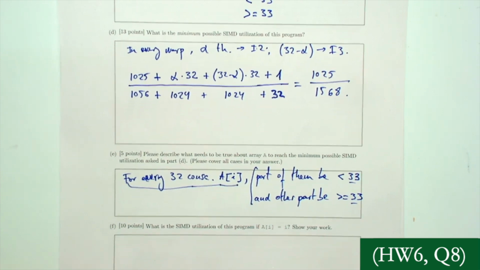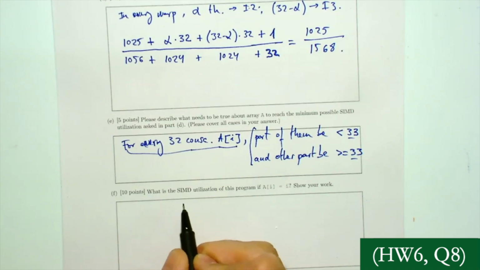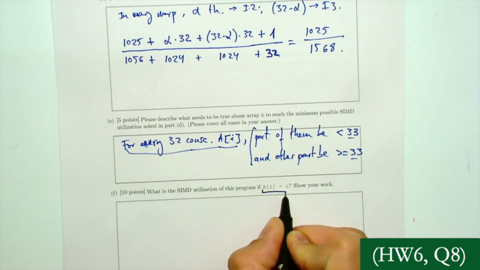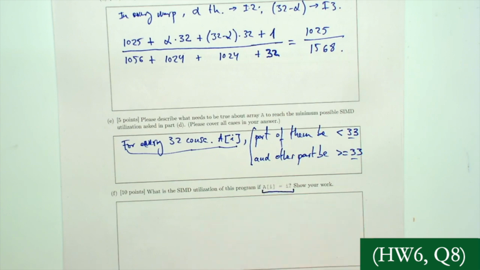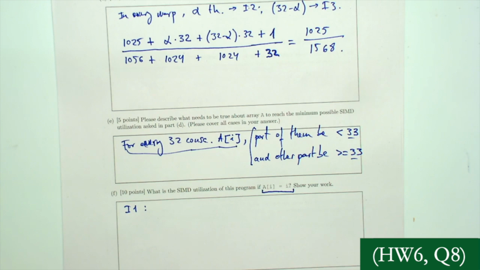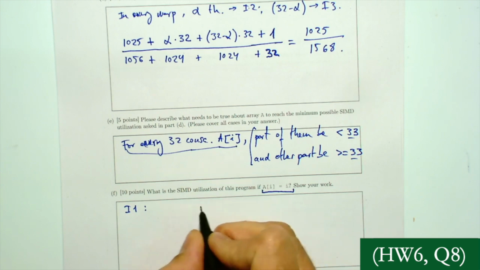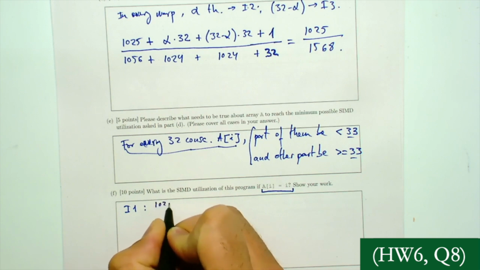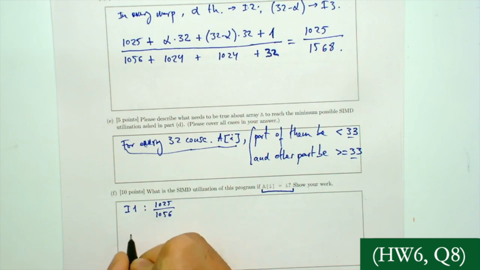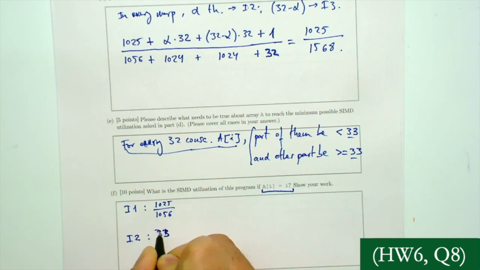And then for the last part, F, what's the SIMD utilization of this program? A program where A[i] is equal to i. Again, for instruction 1, no matter what is true for array A, we will always have 1,025 divided by 1,056. And then instruction 2 is executed by 33 threads. Why is that?